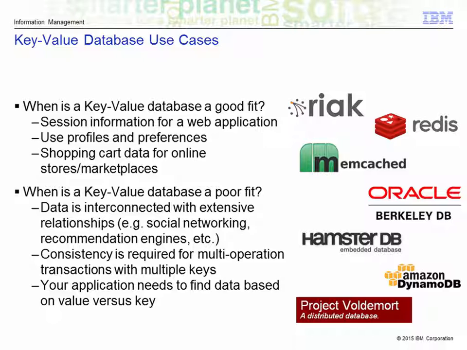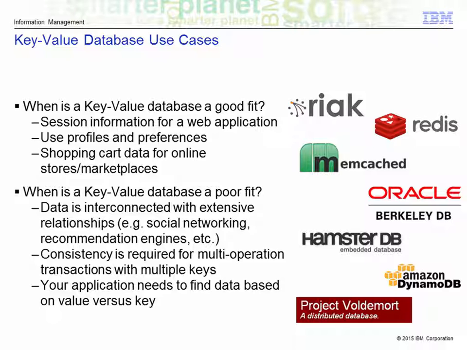Complex queries or handling relationships between different keys would be few and far between. Key-value stores would not fit use cases that require just the opposite. When there are many-to-many relationships in the data, a key-value store is likely to exhibit poor performance. Also, if your use case requires a high level of consistency for multi-operation transactions, you may want to look more towards databases that provide atomicity, consistency, isolation, and durability, or ACID transactions.